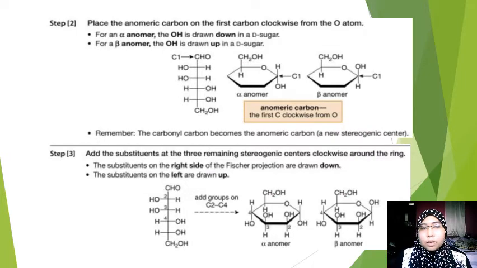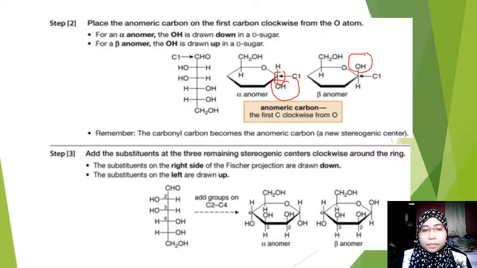Step 2. Place the anomeric carbon on the first carbon clockwise from the O atom. For an alpha anomer, the OH is drawn down in a D sugar, and for a beta anomer, the OH is drawn up in a D sugar.